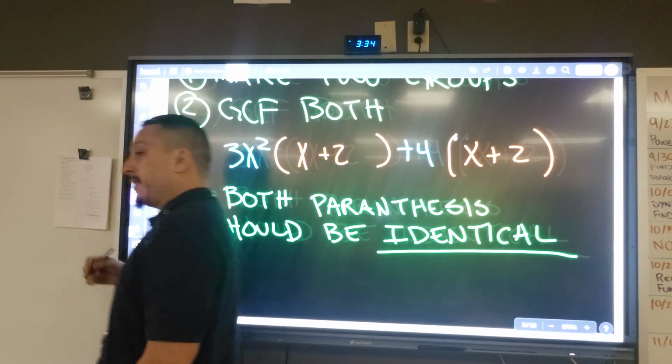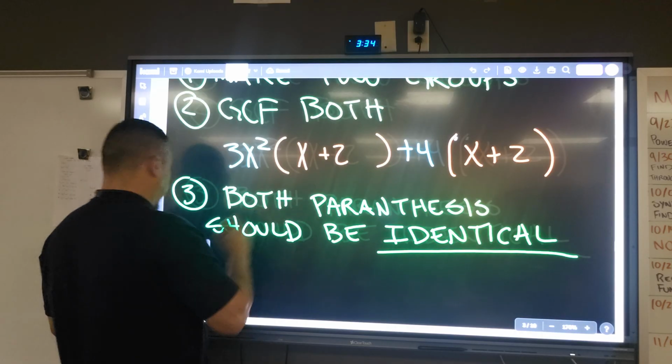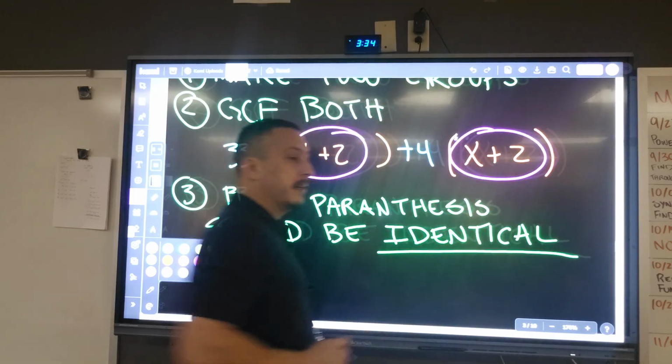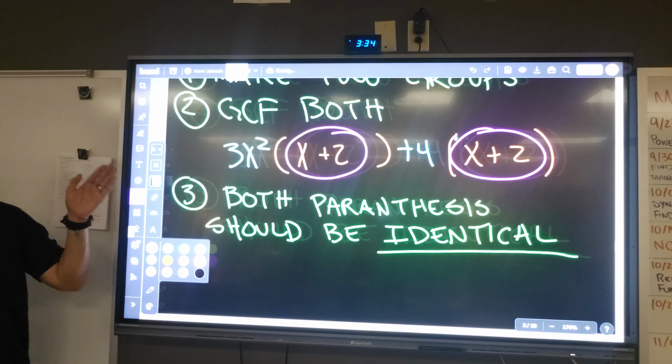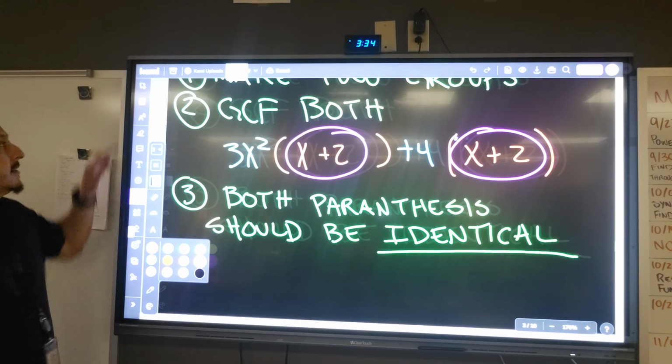If you did the GCF correctly, these two will always be exactly the same. It's actually a way to check yourself, because if you get different ones, that means you messed up. Either you didn't do GCF or your signs were wrong or something.